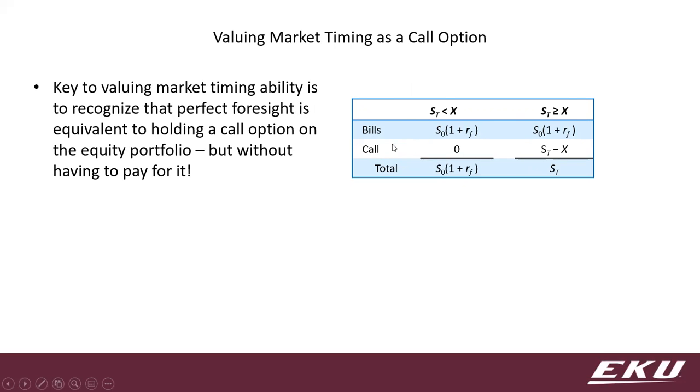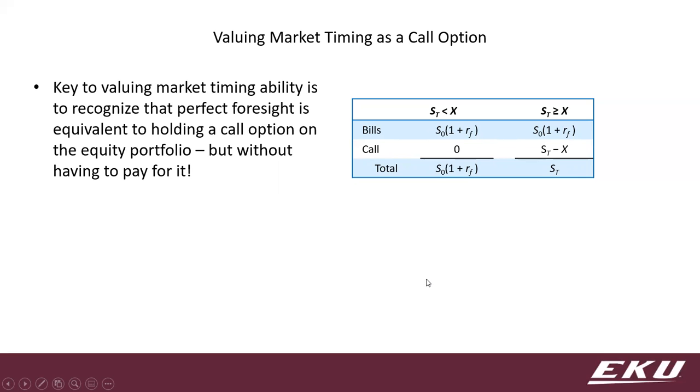So here's an example of that, right? So I could go out and buy T-bills, and I'm going to put some amount of money and it's going to grow at the risk-free rate, right? That's what T-bills do. But then I have this implicit call where if the value gets above some strike price that I would want, right, then I get that call, because I could always just exercise that, right?